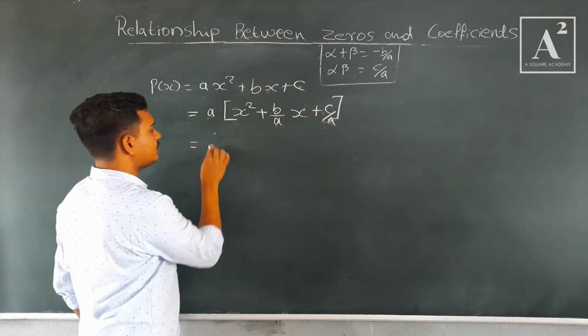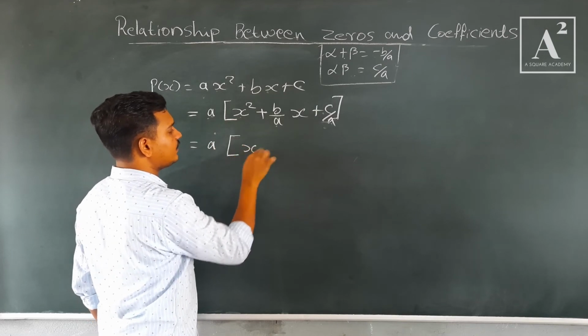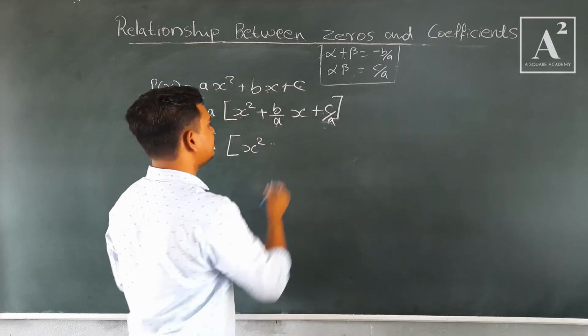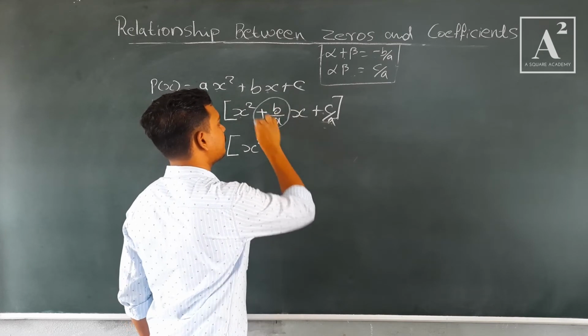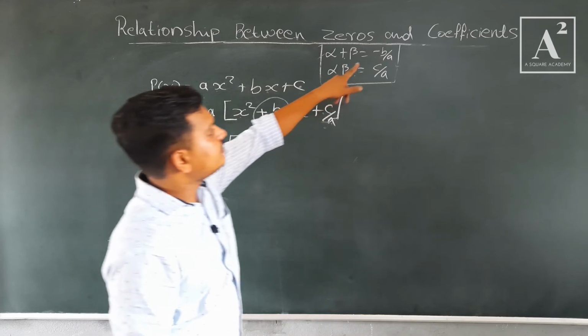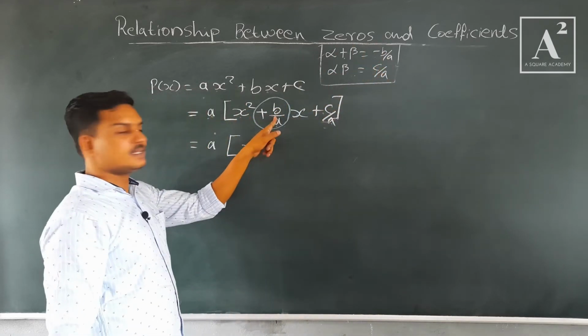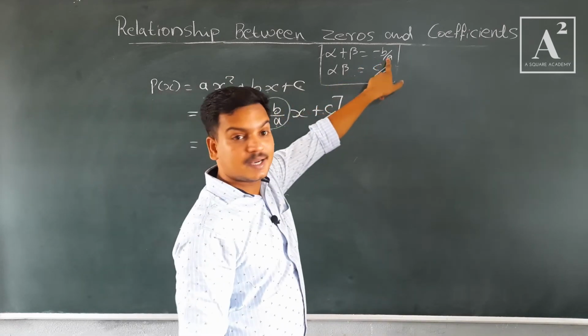So that is equal to a times x square. Look at this term now, plus b by a, okay. Here we have plus b by a and this is minus b by a.